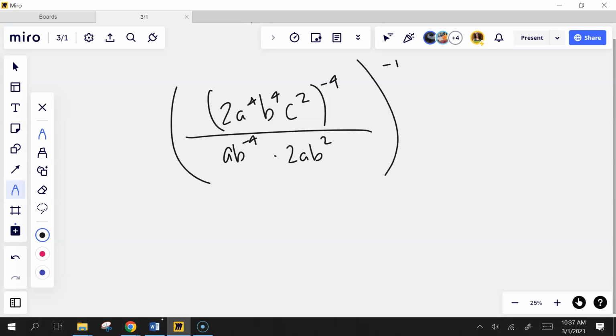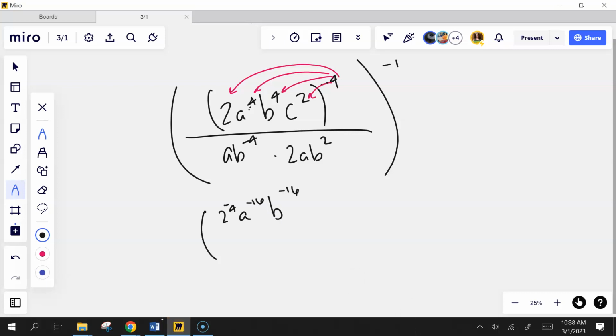Let's work inside first. I think I will do this to everybody inside, and on the bottom, I'm going to combine together what needs to go together. So I'll do two things at once. I get 2 to the 4th, A to the what? It was to the 4th, and I'm raising it to the -4. 4 times -4 is -16.